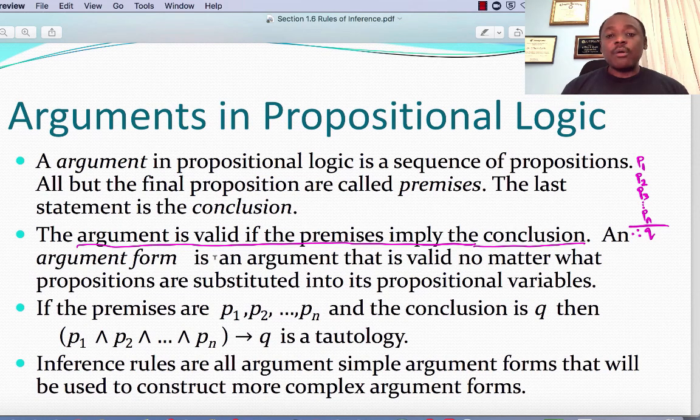An argument form is an argument that is valid no matter what propositions are substituted into its propositional variables. So if the premises are P1, P2 up to Pn and the conclusion is Q, then what we are saying is P1 and P2 and Pn implies Q is a tautology.